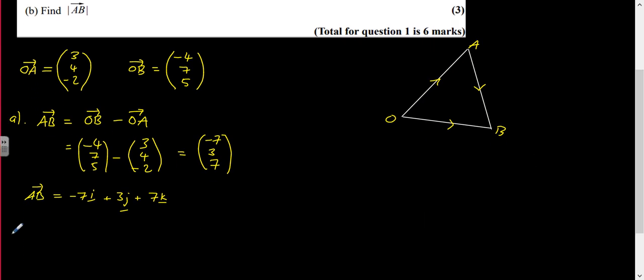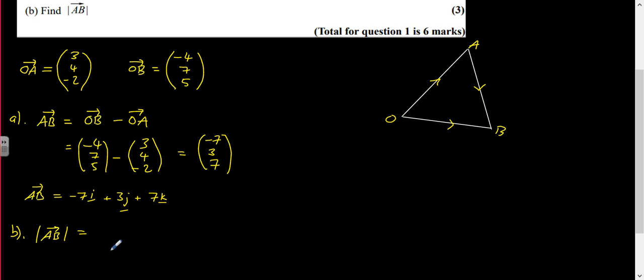So now we're going to find the magnitude of AB. And the magnitude of AB is simply Pythagoras theorem. To use a simpler example, if we had a vector here and a vector there, how do we find the distance between the two of them? We've got Pythagoras theorem.